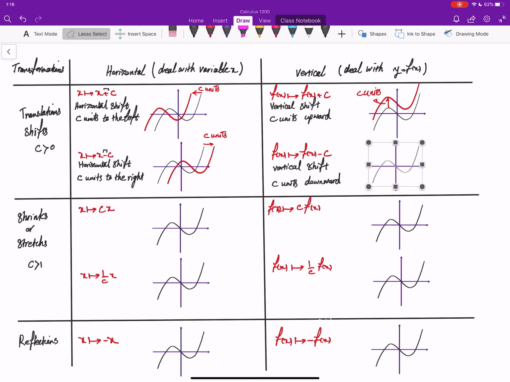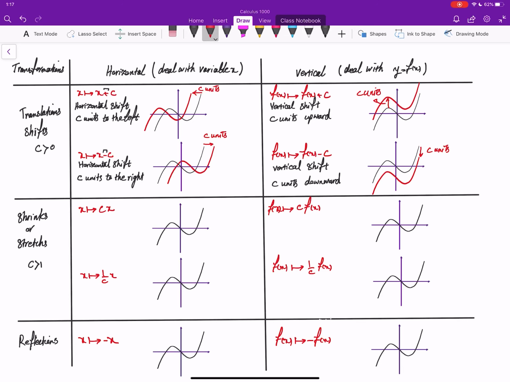So just slide the graph c units downward, and that shows you how far you need. So c units going down. You should see the transformation. After the transformation, the graph is in red. Okay, so those were shifts.